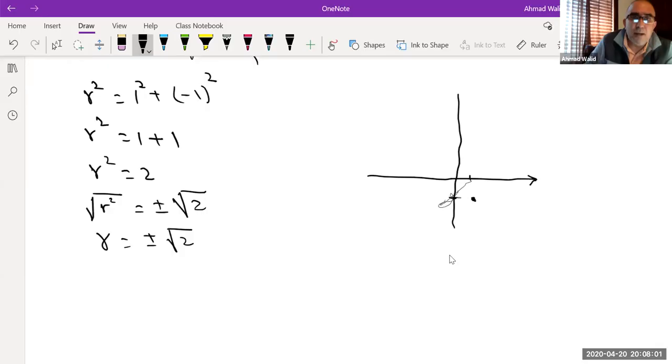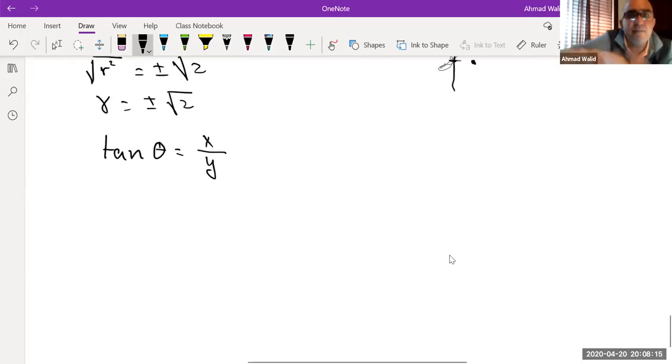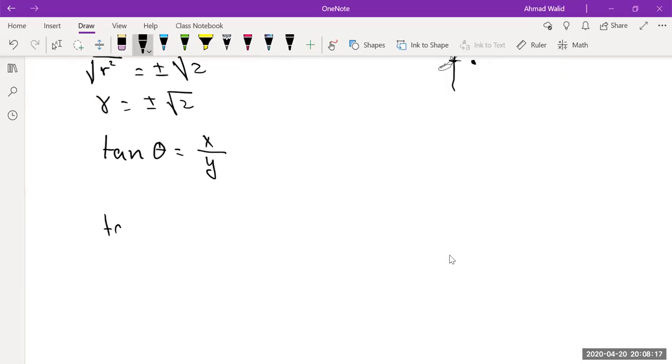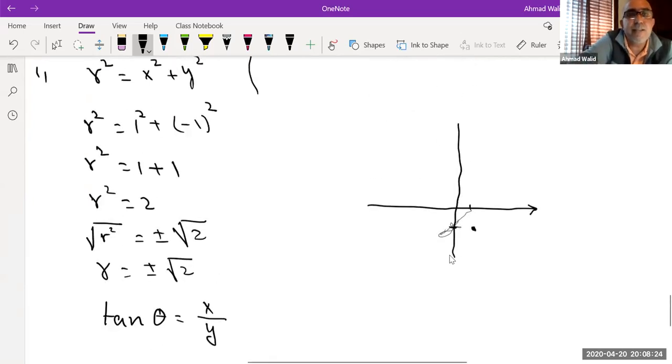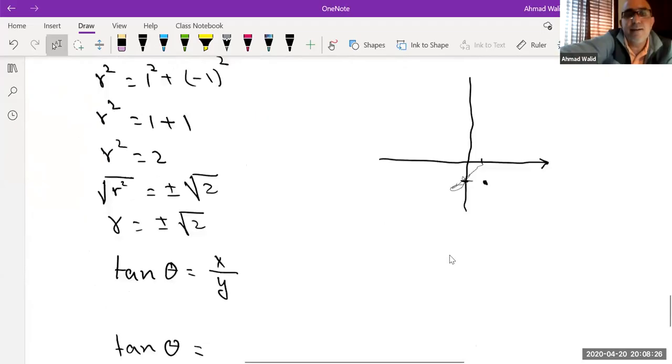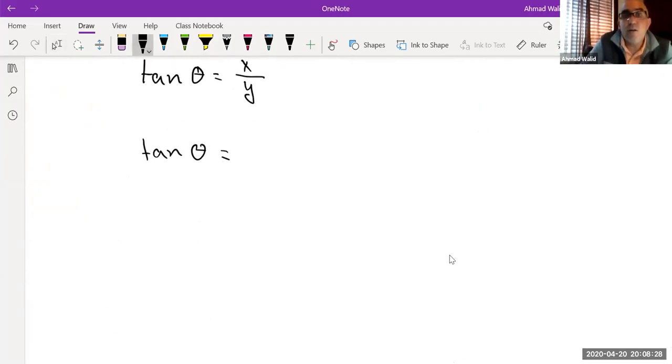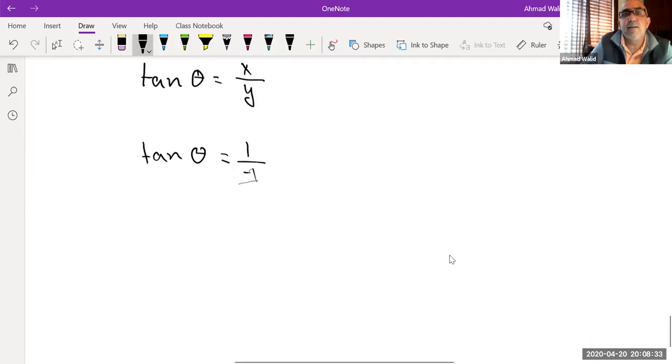Now, I have to find theta. I have tan theta equals x over y. I have the value of x, I have the value of y. It means I can say tan theta equals x. How much is your x? The x is given to you, 1, over y, negative 1.